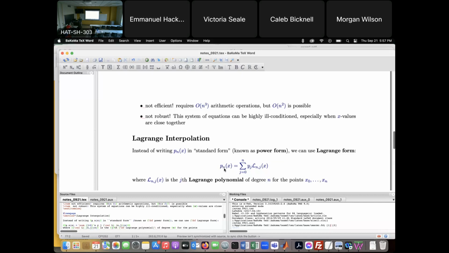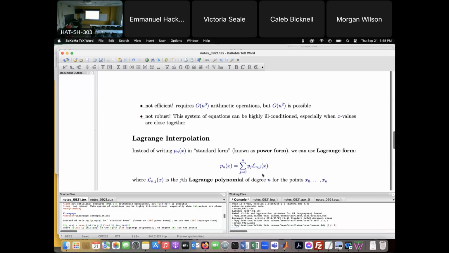But we can write that polynomial in different ways. So Lagrange form looks like this. It is a linear combination of what are called Lagrange polynomials, which I will define momentarily. But notice that the coefficients of this linear combination are just the y values.